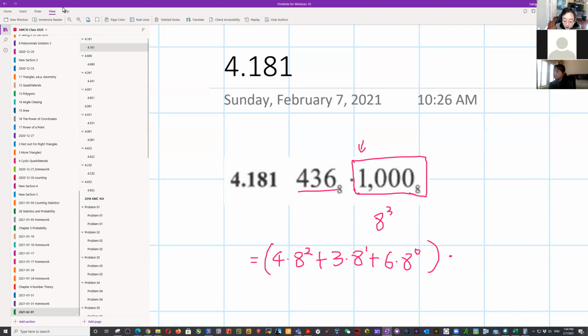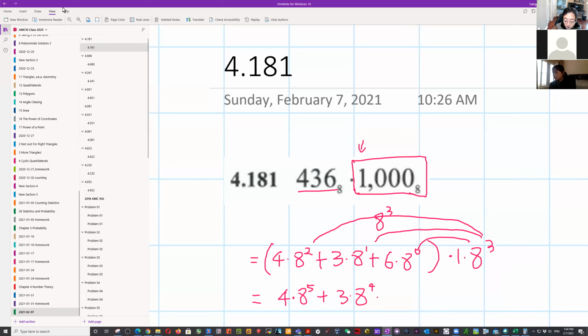So if you multiply by 1000, which is 1 multiply 8 to the third power, then use the distributive property. So this is how it works, 1, 2, 3. And it could be written in the expanded form as 4 multiply 8 to the fifth plus 3 multiply 8 to the fourth plus 6 multiply 8 to the third.